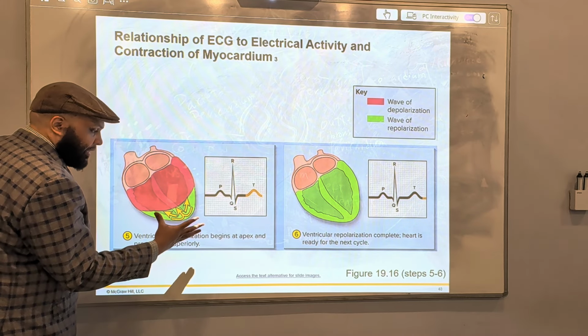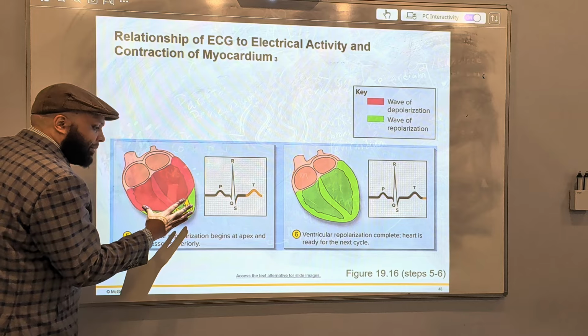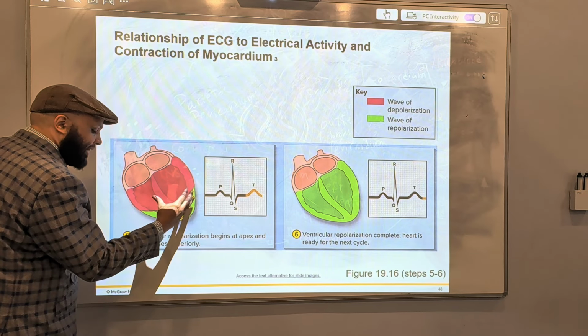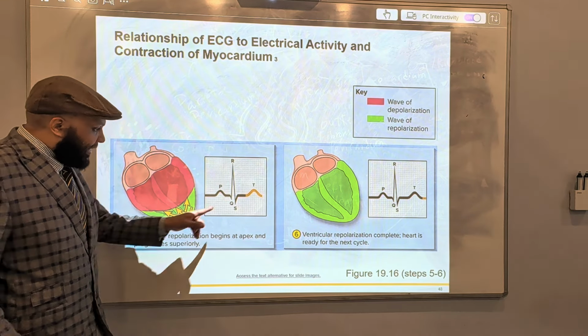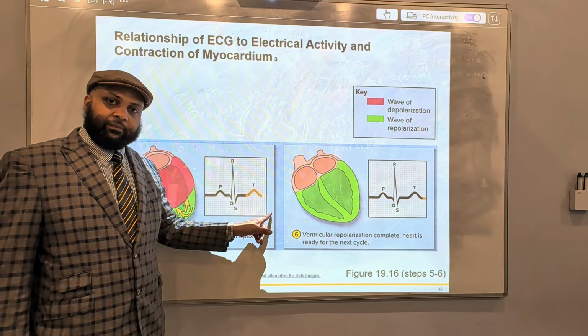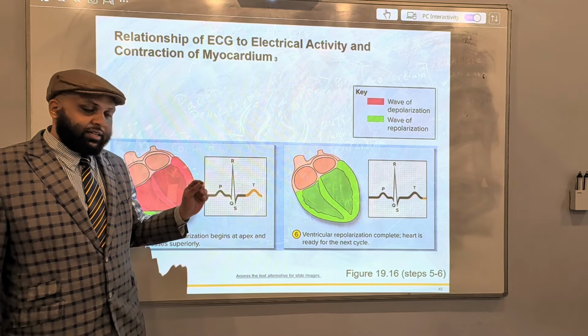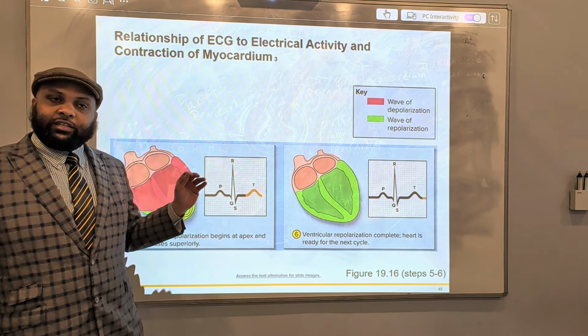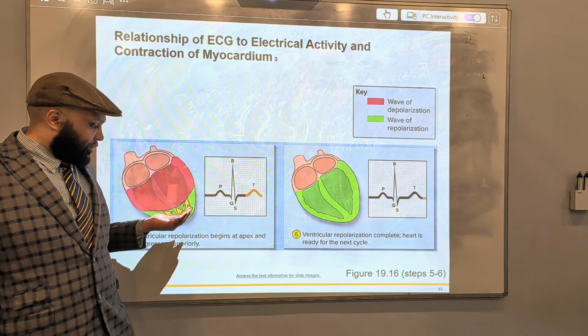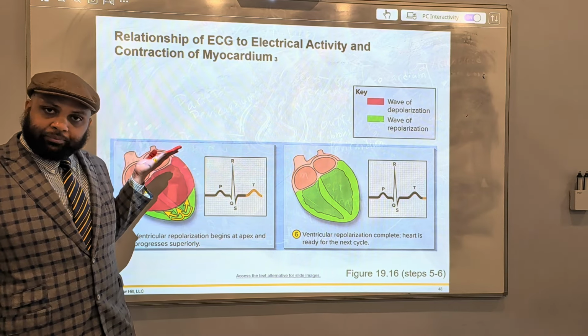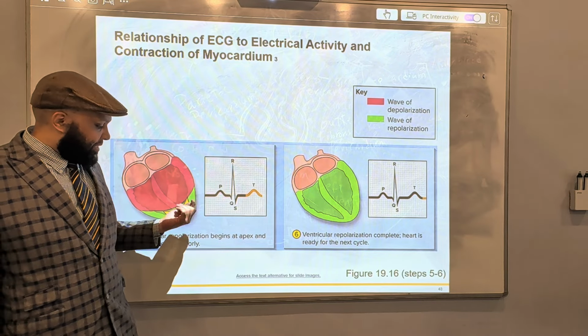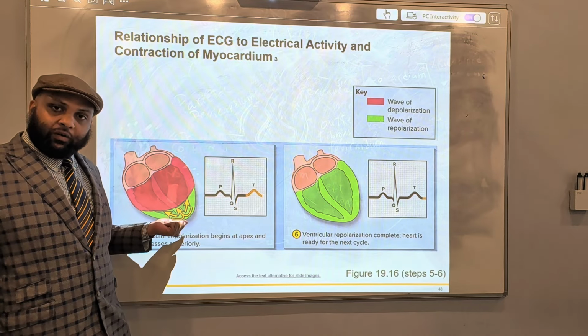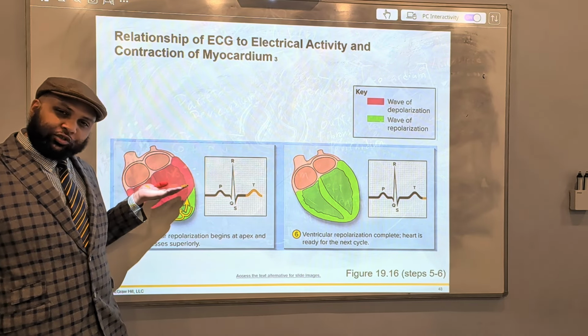Repolarization, relaxation. Depolarization, contraction. So here you see the ventricles repolarize, meaning they widen up, they relax to fill with blood. And the repolarization begins at the apex and moves superiorly also. And that is signaled by the T wave. But QRS signals the depolarization of the ventricles from the apex to the base. But the T represents the relaxation of the ventricles from the apex to the base.